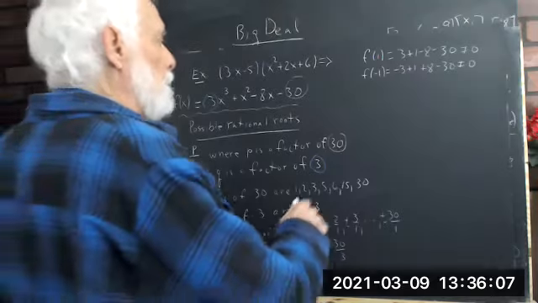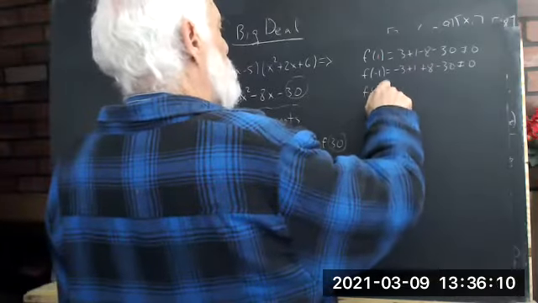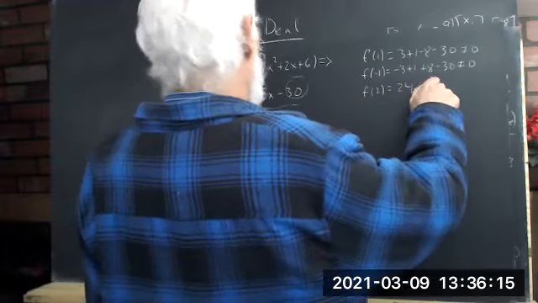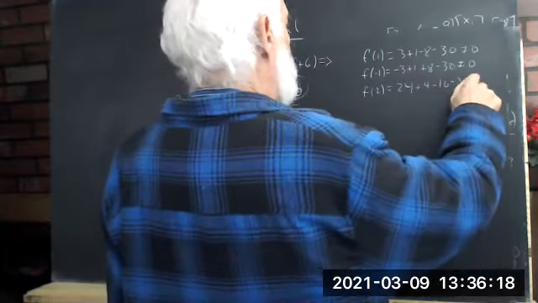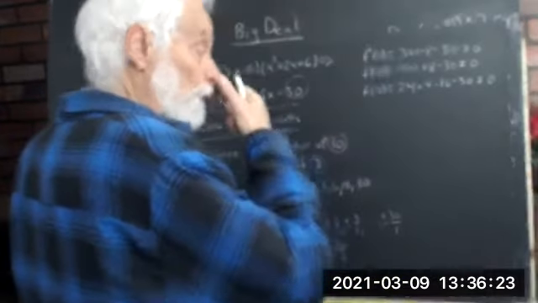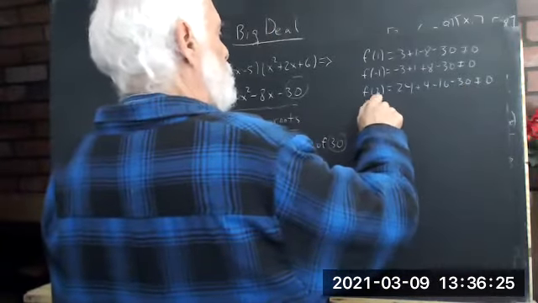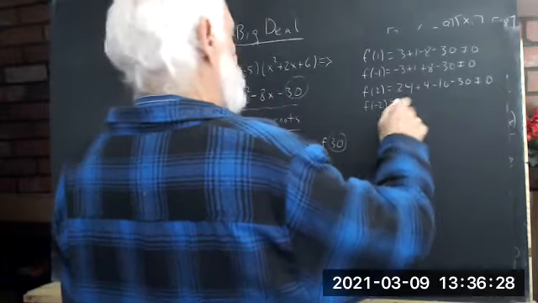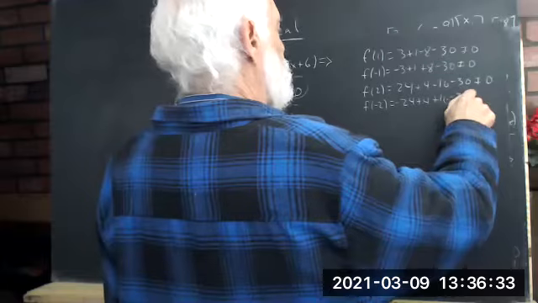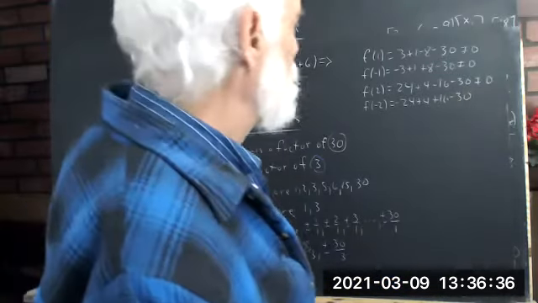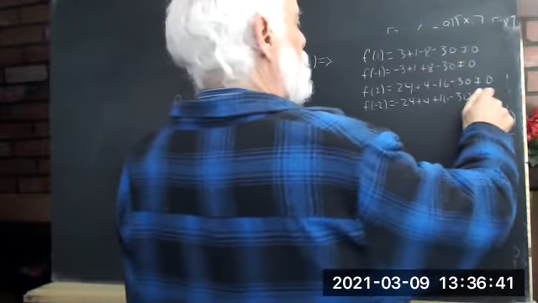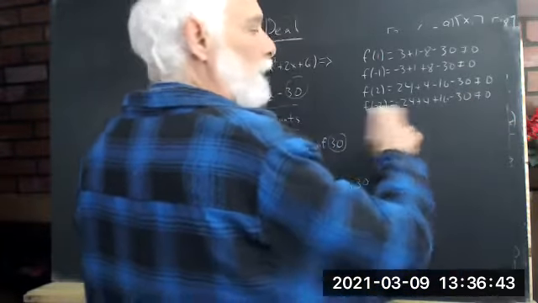Now f of 2 is going to be a little more promising. And that's going to give us 24 plus 4 minus 16 minus 30. But no, the minuses still add up way bigger than the pluses. F of -2 is -24 plus 4 plus 16 minus 30. That's getting a little closer, but not all that close, okay? And that's clearly not equal to 0. The negatives are too much bigger than the positives.